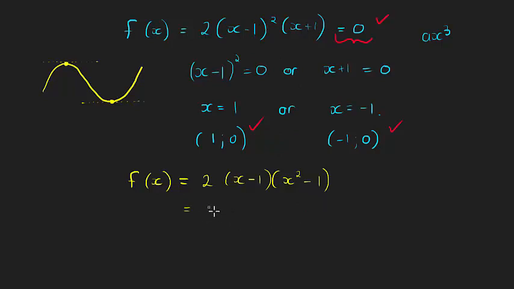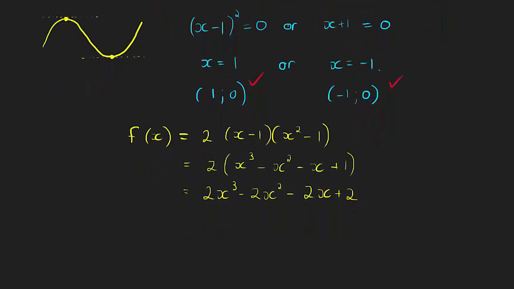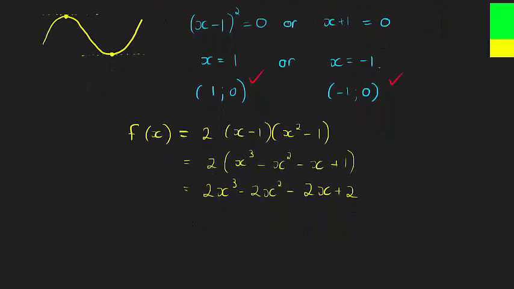And so now I just do multiplication of this. So now it's x cubed. Then there's minus x squared minus x. And then finally plus 1. Cool. And that gives me 2x cubed minus 2x squared minus 2x plus 2. Finding the derivative of that is then super simple.